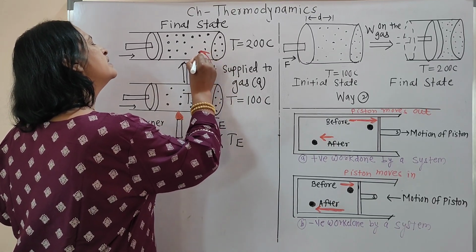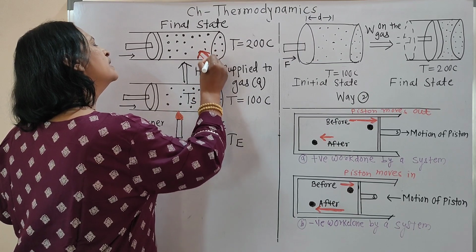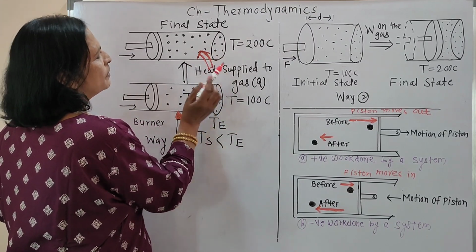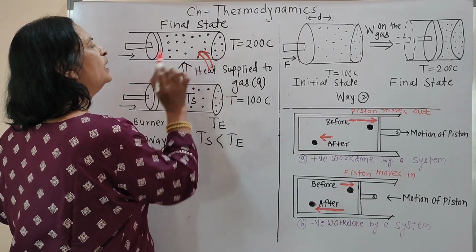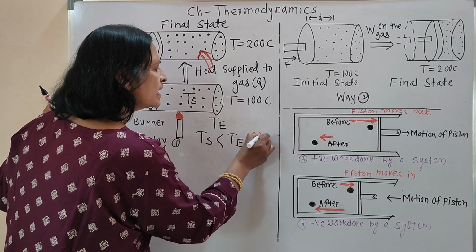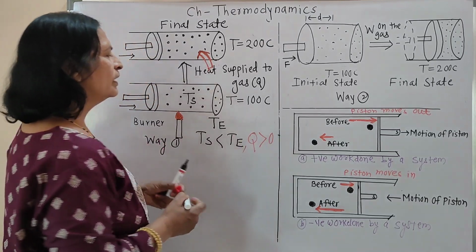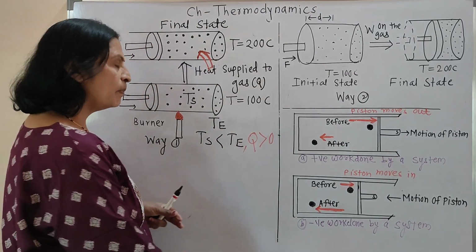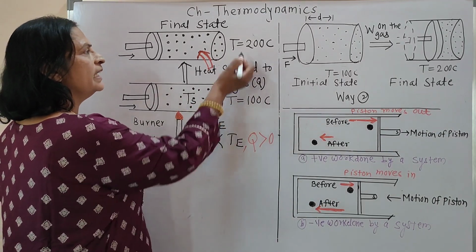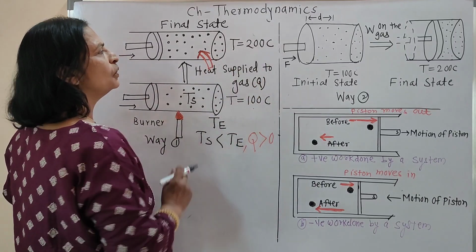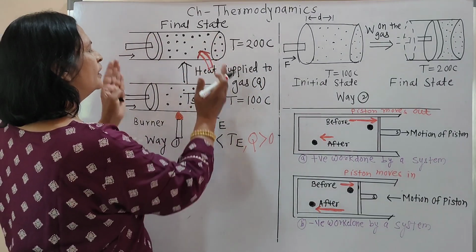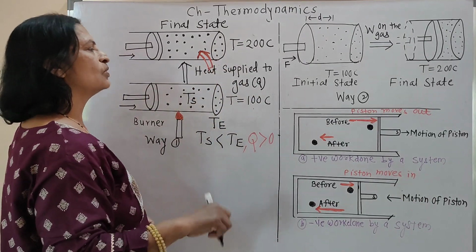This is the environment or surrounding, and heat is transferred from the environment to the system. At that time Q is always greater than 0, that is, positive. In this case, the temperature increased from 100 degrees Celsius to 200 degrees Celsius, but the volume of the cylinder remains constant.